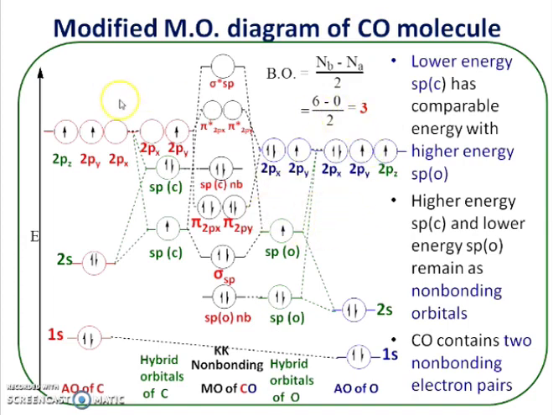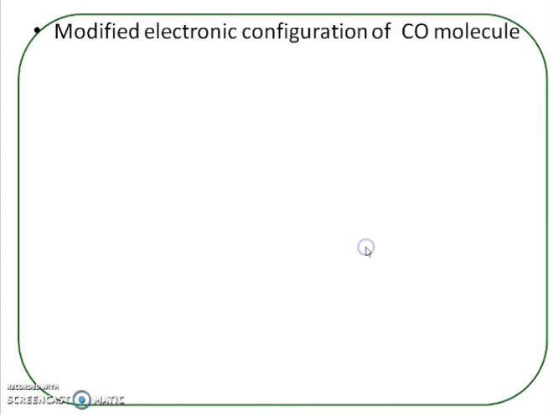So in this way, with the help of the modified molecular orbital diagram of carbon monoxide, we get the bond order equal to 3. It means between carbon and oxygen there is a triple bond, and that is expected and that is observed.